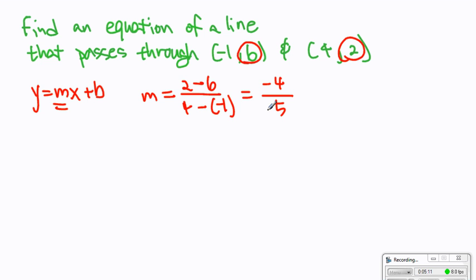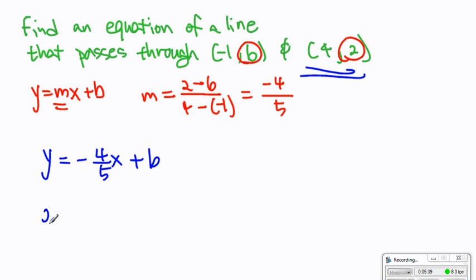So knowing that, how are we going to find out what b is? Since we know y equals negative 4/5 x plus b, we can use any one of these 2 points. Why don't we try to use the second point? Once you plug in 4 in place of x and 2 in place of y, we should be able to figure out the value of b.